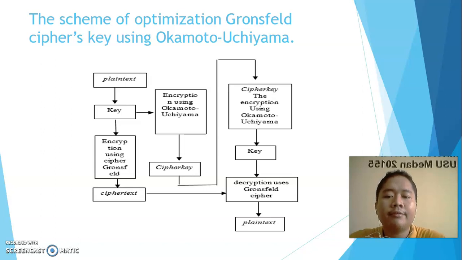Then we send the cipher key and the ciphertext to the receiver, and the receiver will decrypt the cipher key first using Okamoto Uchiyama to get the real key of Gronsfeld cipher. Why does the receiver need to get the key? Because the key is for the Gronsfeld cipher, and then the receiver will get the plain text.